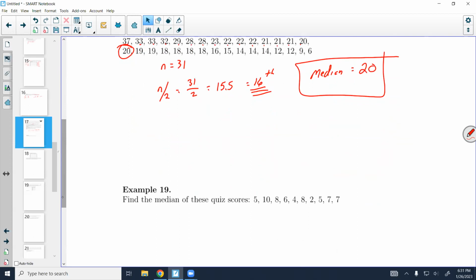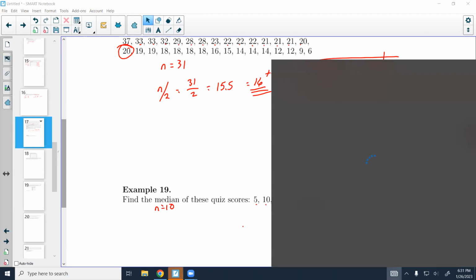Okay, so find the median of these test scores or quiz scores. So first thing we need to do is put it from smallest to largest. So n equals 10. Start with the smallest, which is 2.